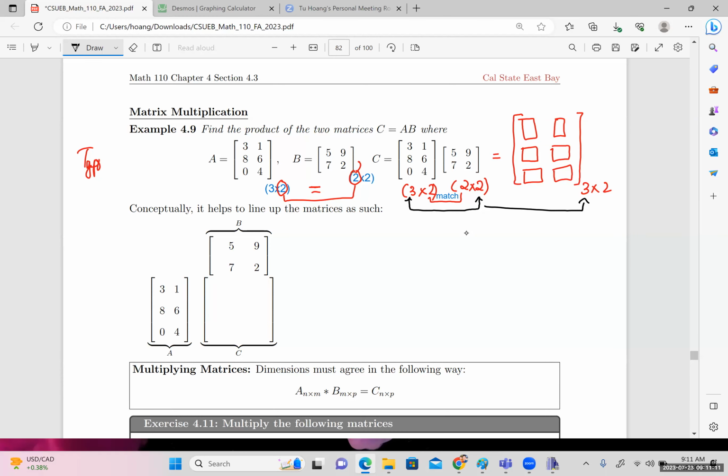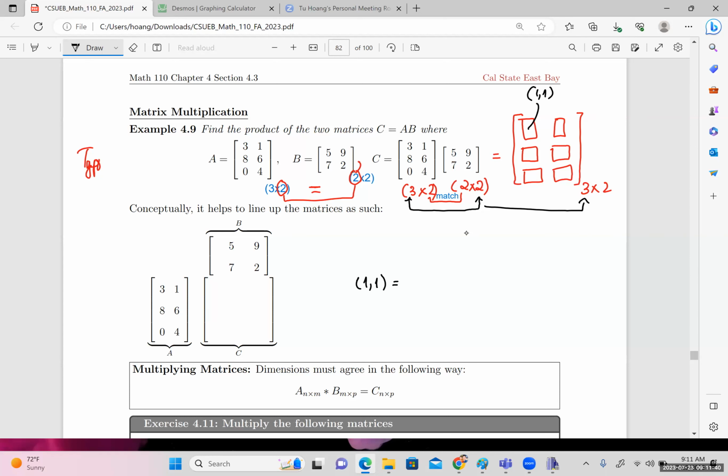So for the first entry, entry 1 1, how can we find this entry?